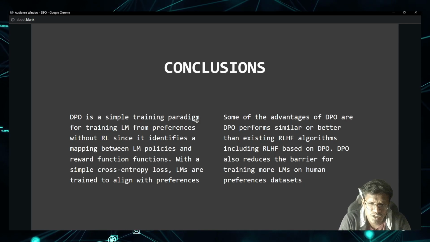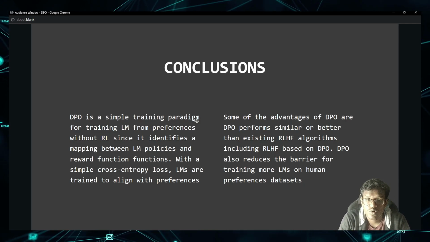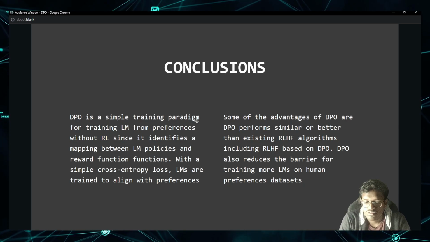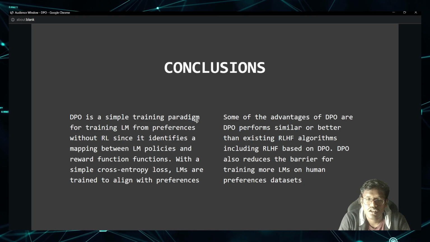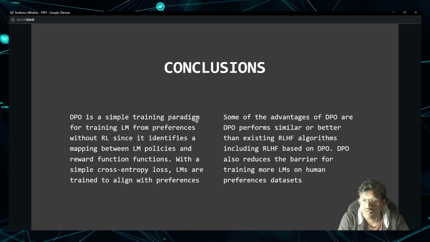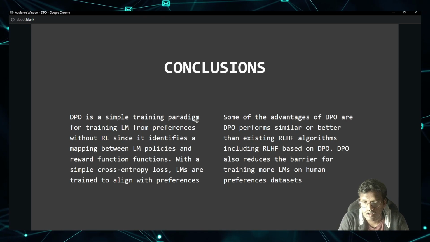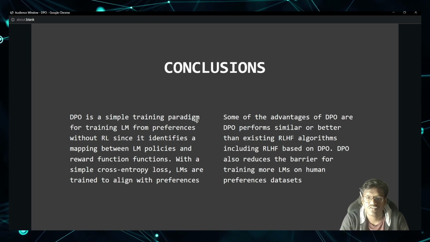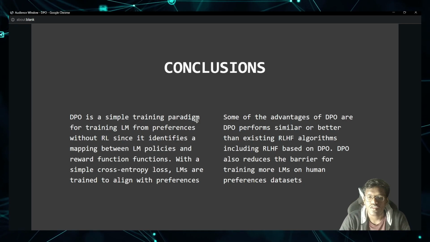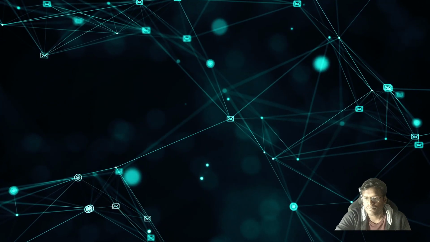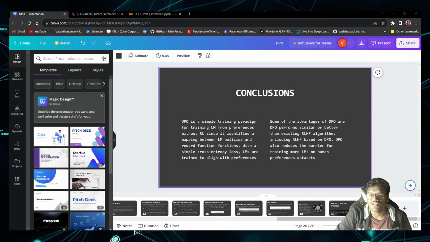The key point is that DPO also reduces the barrier for training. Usually the main barrier is computation, and here it doesn't matter, right? You are not training a reward model, which means you don't need that kind of computation. To simultaneously run a reward model, you'd need more.